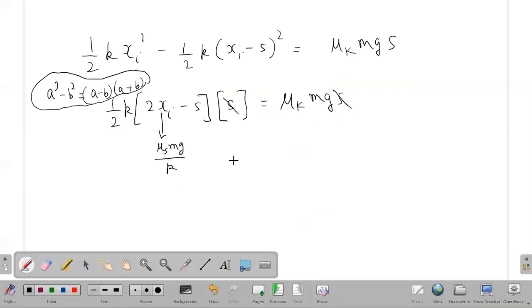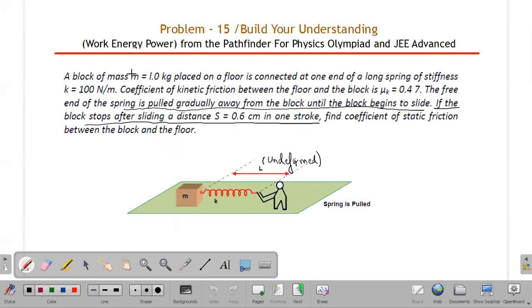And then after one or two more steps, if you solve it, you get the coefficient of static friction equals the coefficient of kinetic friction mu k plus spring constant times the distance capital S divided by twice m into g. Now put in the numerical values. You have to just substitute the values of mass, k and mu k, and putting all the numbers in, you will get the desired result of this question.